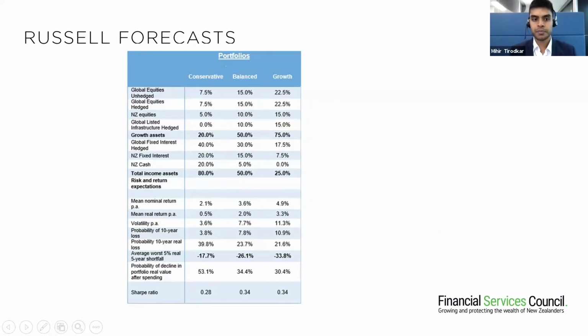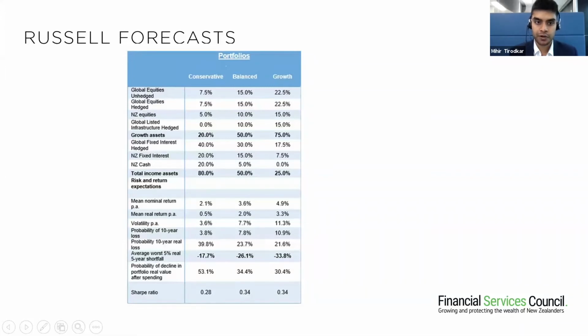This is useful because it groups together all the risky assets, such as equities, into one portion of your portfolio, and all the less risky assets that pay regular income streams, such as fixed interest and cash, into another portion of your portfolio. The growth and income portions of your portfolio can then easily be communicated to one another to give a general flavor of what the portfolio looks like in terms of risk and return.